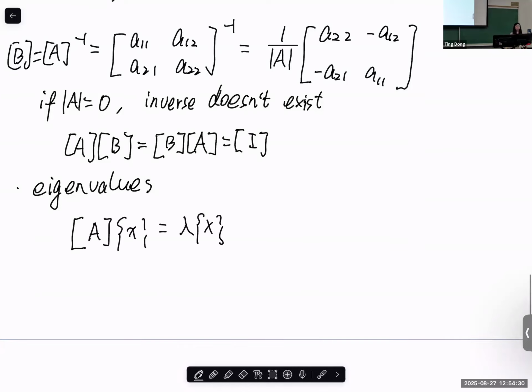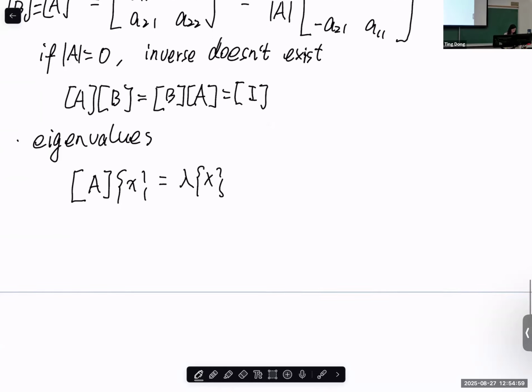But of course, this is pure math. We learned about eigenvalues in solid mechanics when we find the principal stresses from the state of stress matrix, right? So we have the 6 independent components, all the sigma, all the tau. And for finding the 3 principal stresses, it's basically the eigenvalues of the 3 by 3 matrix.